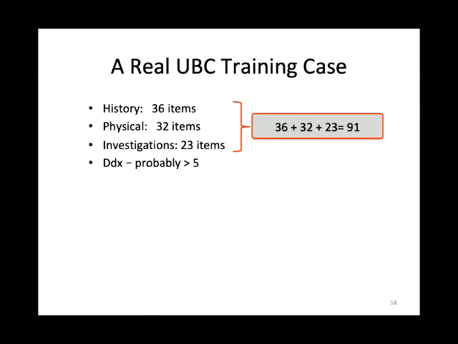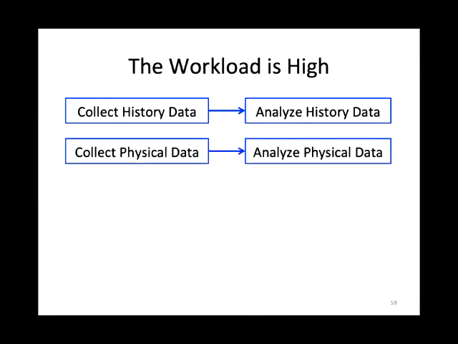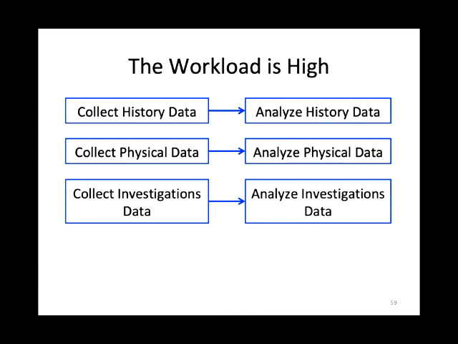The differential diagnosis probably included as many as 5 diseases, and so 91 times 5 is 450 decisions. So it's a lot of work that our brains are doing when we are performing a diagnosis. We have to collect and analyze history, physical exam data, and investigations data.